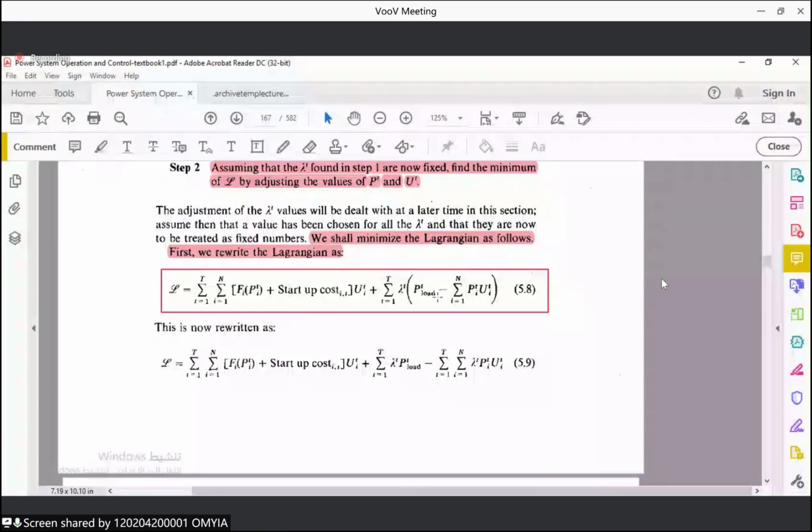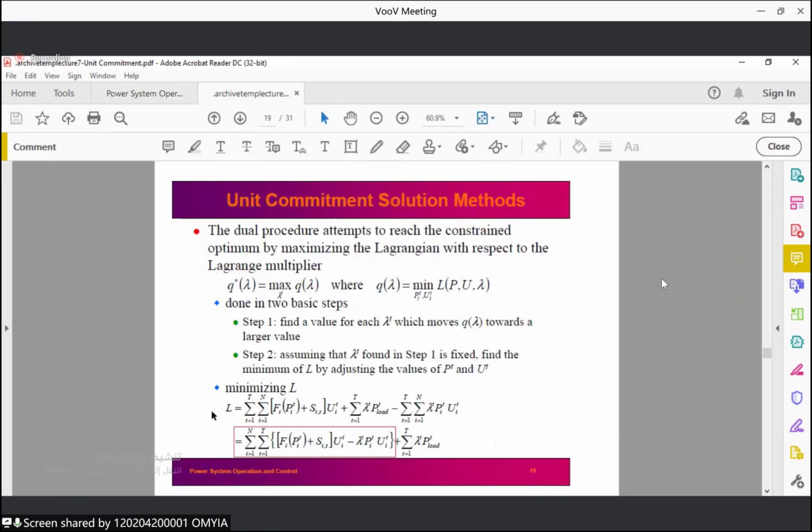So we need to break up this one. I will do that by multiplying the summation by lambda t in each one, and we rewrite the equation like this.